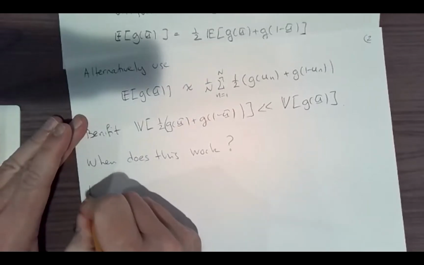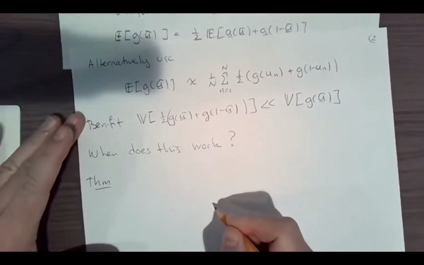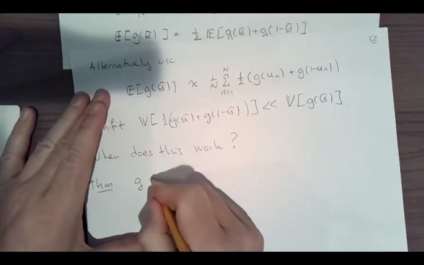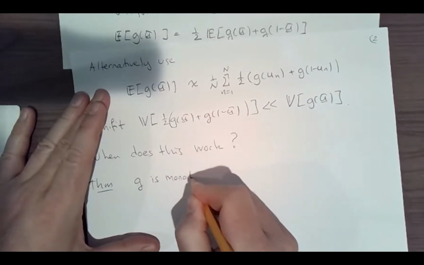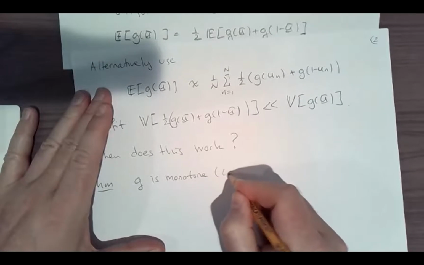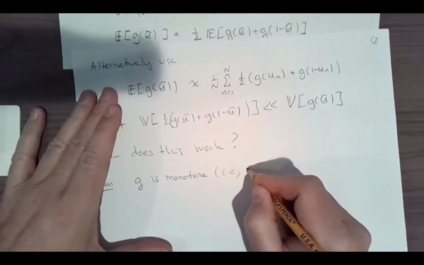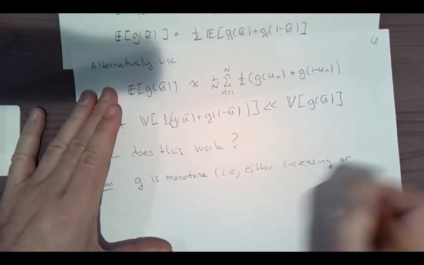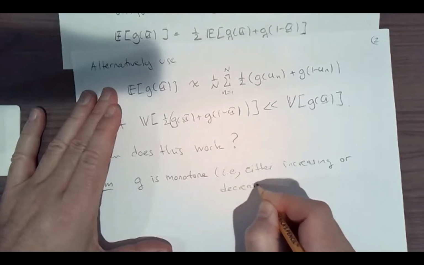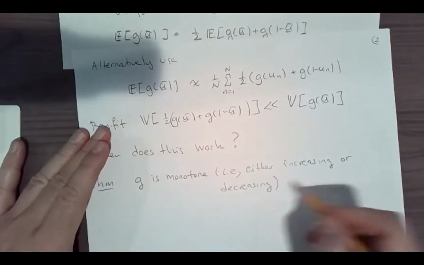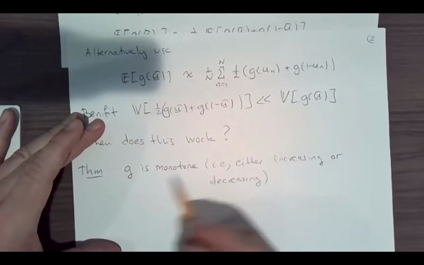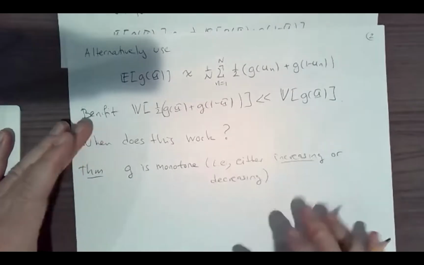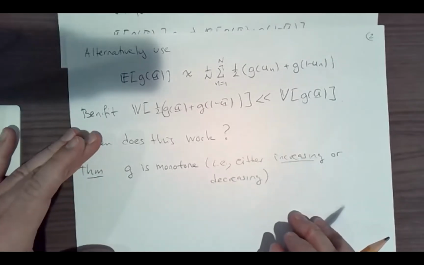The result is, we call it a theorem. The theorem is that if g is monotone, so this is either increasing or decreasing. For us, g is going to be a payout, and it'll typically be increasing, but the result works for both increasing and decreasing.